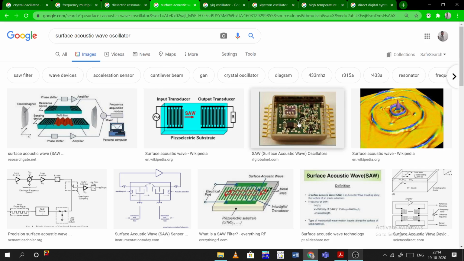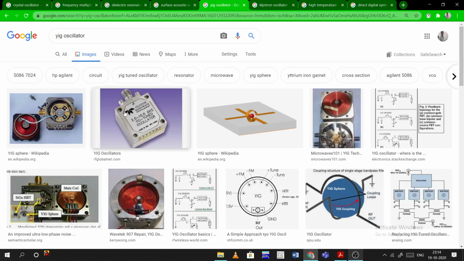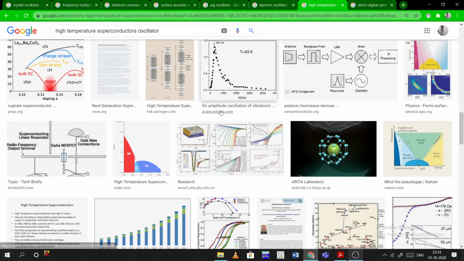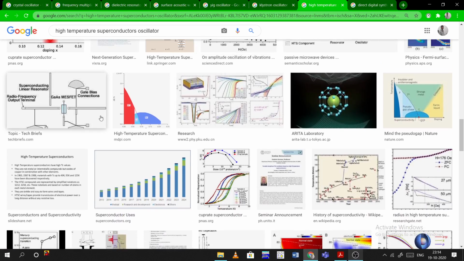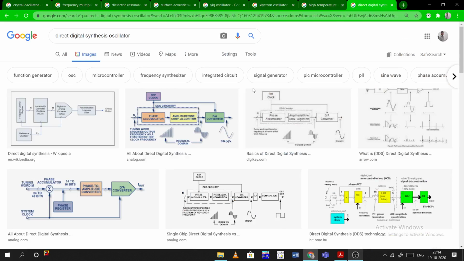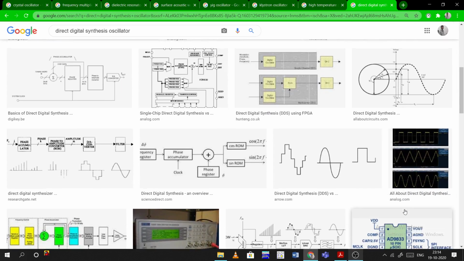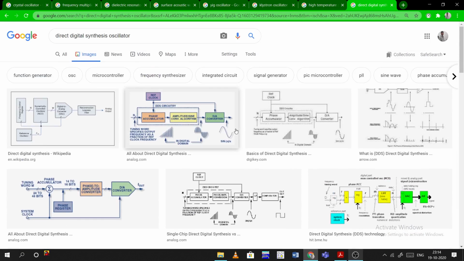Next, that is the surface acoustic wave oscillator, and this is the yttrium iron garnet. Next, the Klystron oscillator, like the high temperature superconductor. Next, direct digital means a normal process, so manually we will generate an oscillating signal. So these are the different types of oscillators.